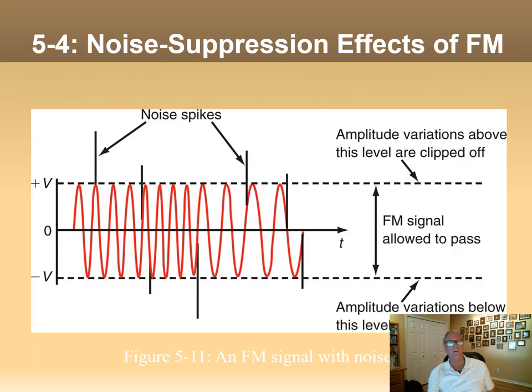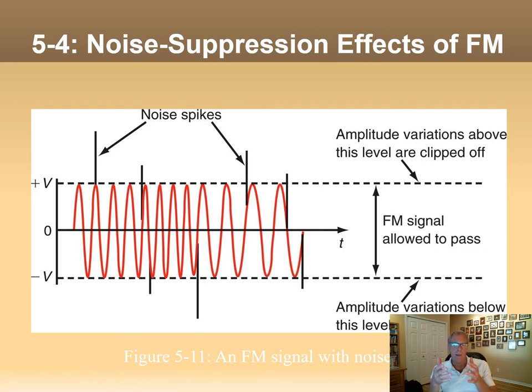So here's a little diagram. Here's some noise right there and some noise right there. The receiver doesn't see it because it's clipping the amplitude right there. Now, I want to stop here and explain something else about noise when it comes to FM.